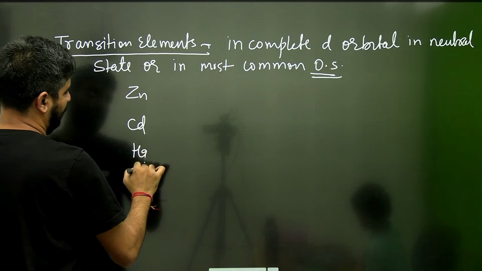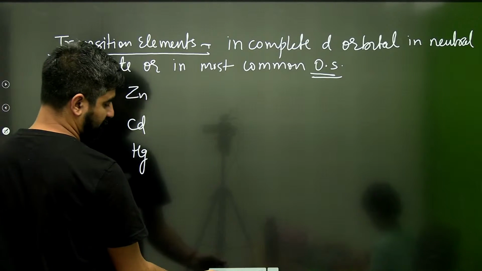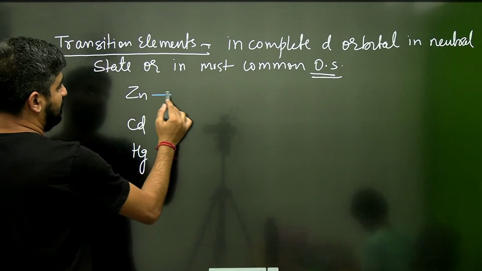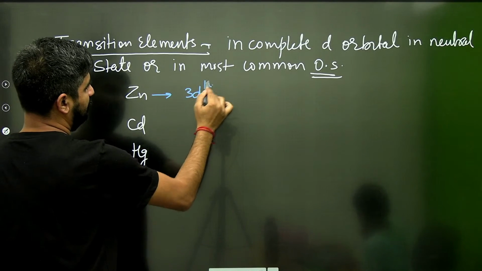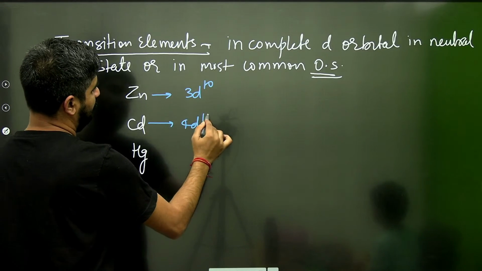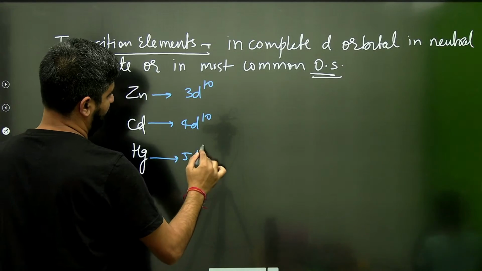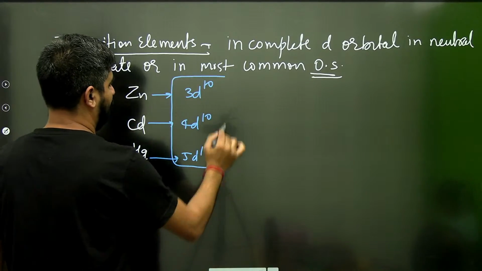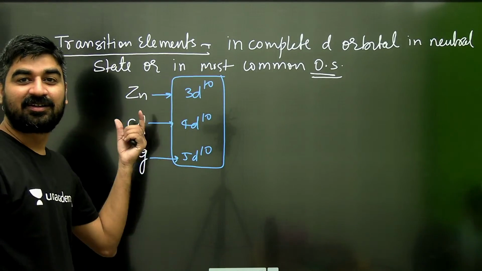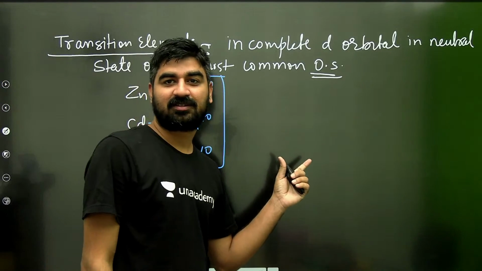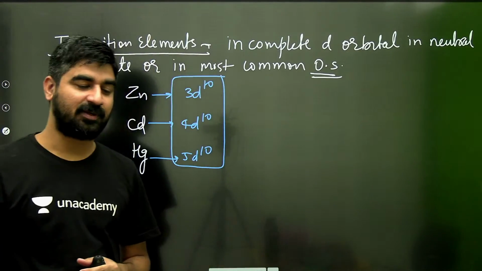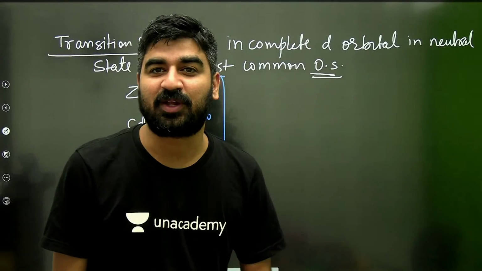So when I'm talking about zinc, cadmium and mercury, zinc is having 3d10, cadmium 4d10, mercury 5d10. So guys, we have here completely filled d orbitals, and if their d orbitals are completely filled, then what would I say?